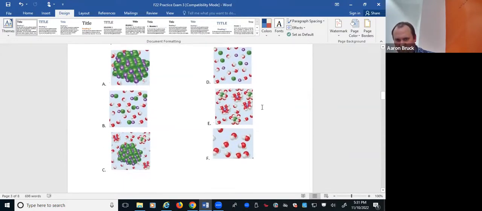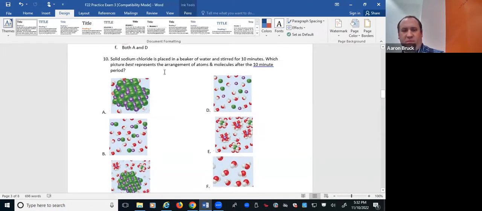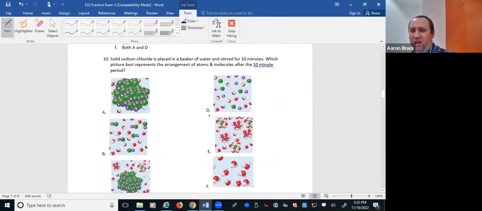This is a good question to reference because this is a question that a number of you missed on the quiz today. You're asked to draw basically what happens inside of water when we have a cation or anion dissolving. So what does it look like when we dissolve an ionic compound is really what this is asking.